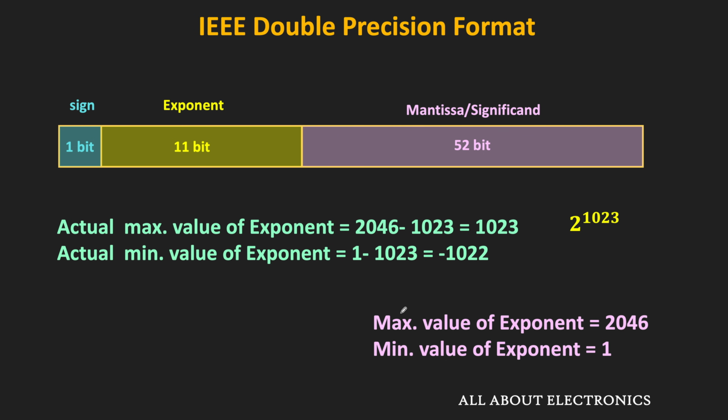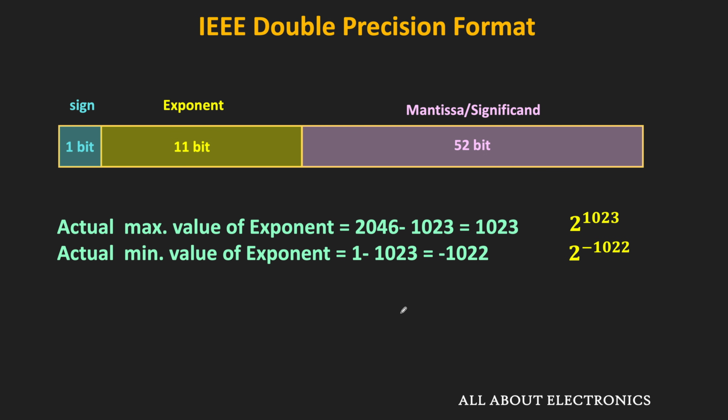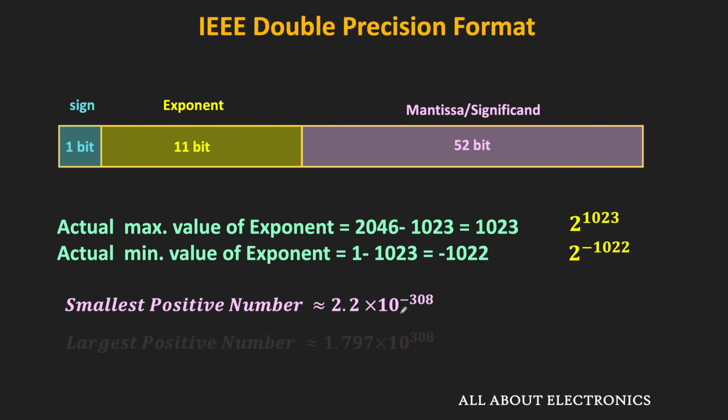That is, 2 to the power 1023. And similarly, the minimum value of the exponent is equal to minus 1022. So correspondingly, the smallest representable number is around 2.2 times 10 to the power minus 308. And similarly, the largest representable number is around 1.79 times 10 to the power 308.